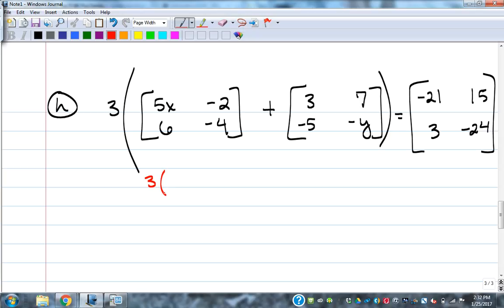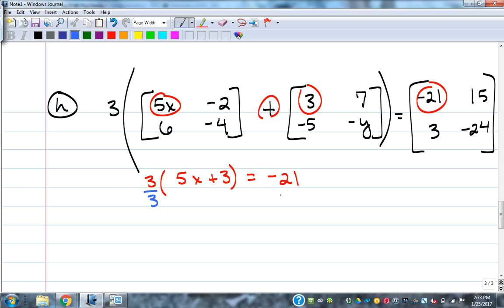Let's do the x first. What's the corresponding elements for the x? 5x plus 3 equals negative 21. Not that hard to pull out an equation out of that. Then solve it. Whichever way you want to solve it.